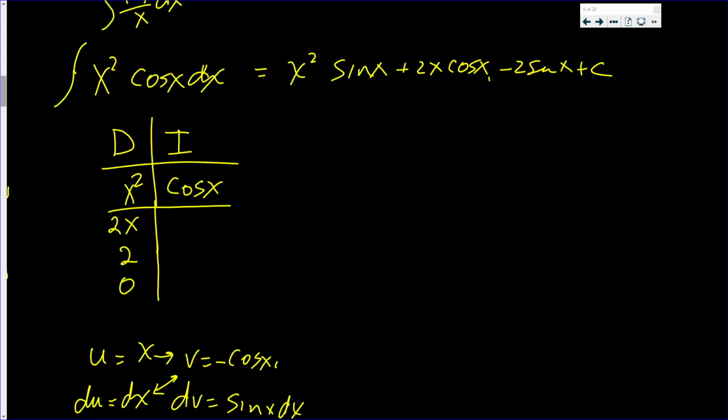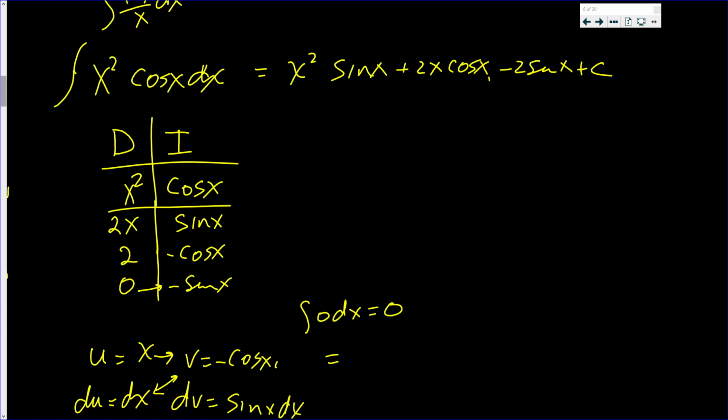It's going to keep oscillating. The integral of cosine x is sine x. The integral of sine x is negative cosine x. And the integral of negative cosine x is negative sine x. Now, we stop here because when I go across, it's 0. The integral of 0 dx is 0.